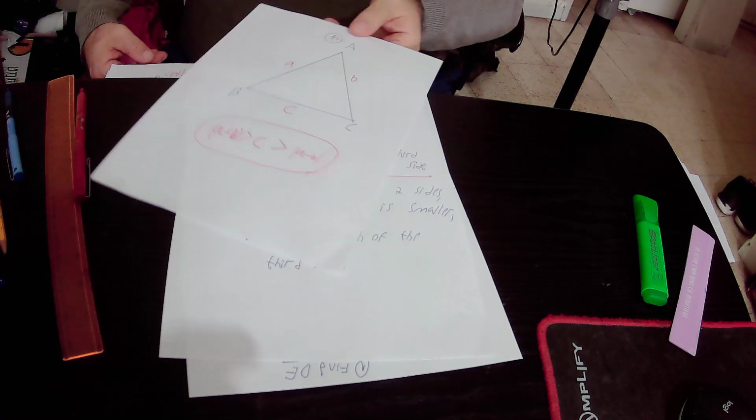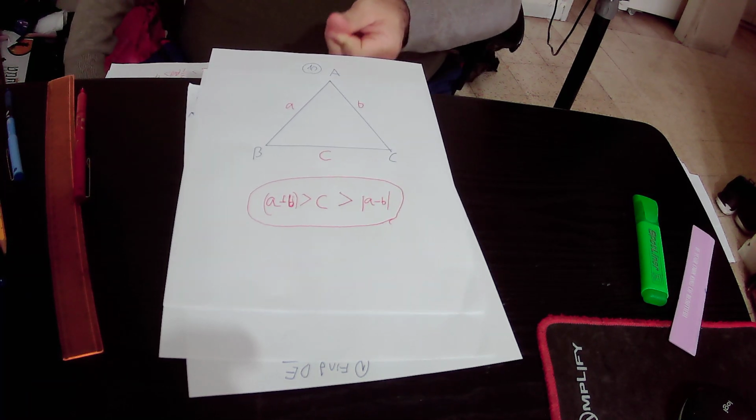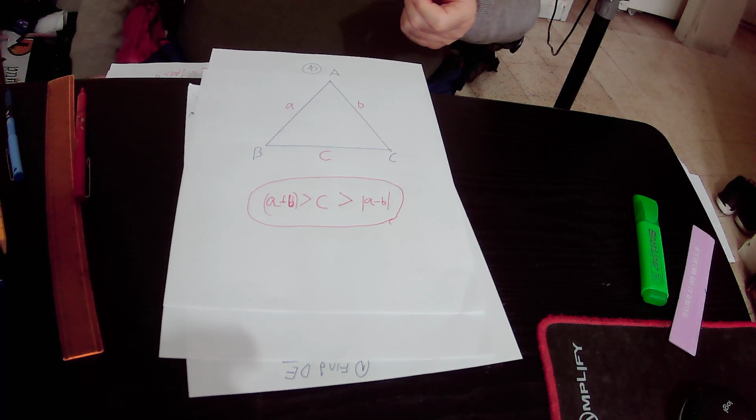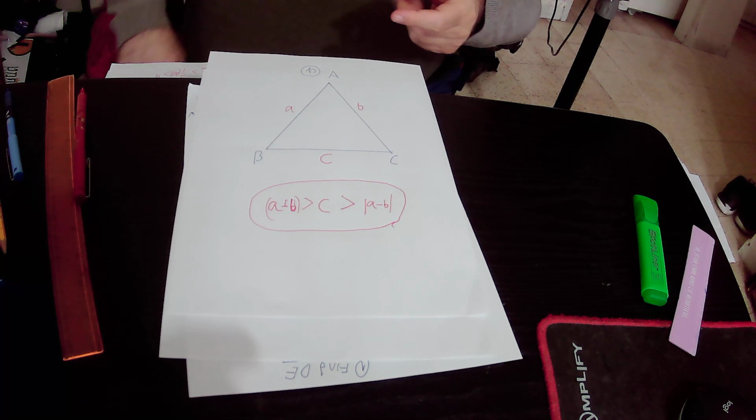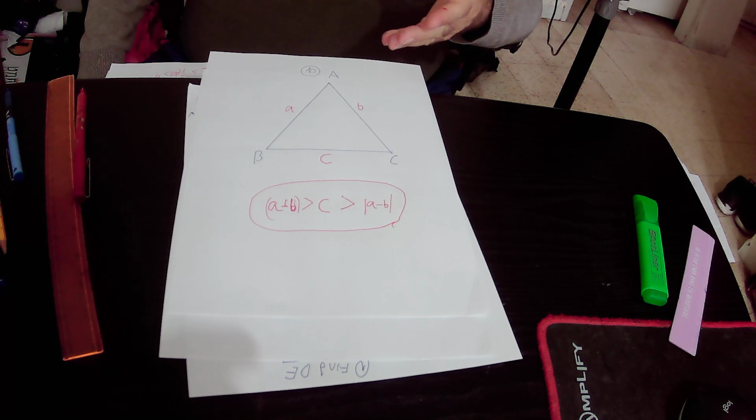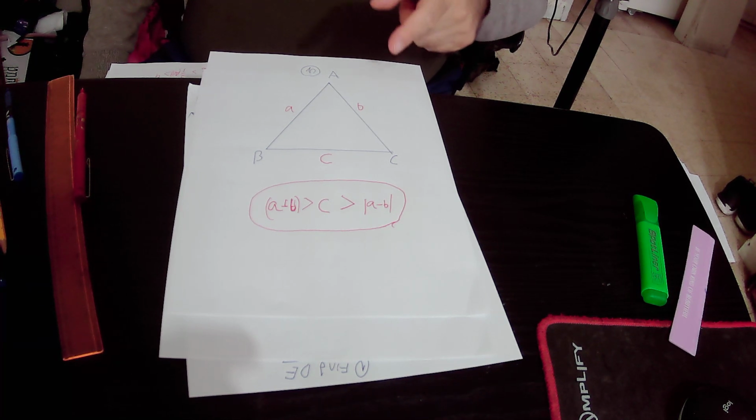So the meaning of the second part of rule number 4 is that the difference between two sides is A minus B, or the absolute value of A minus B, and that absolute value is smaller than C, the length of the third side.